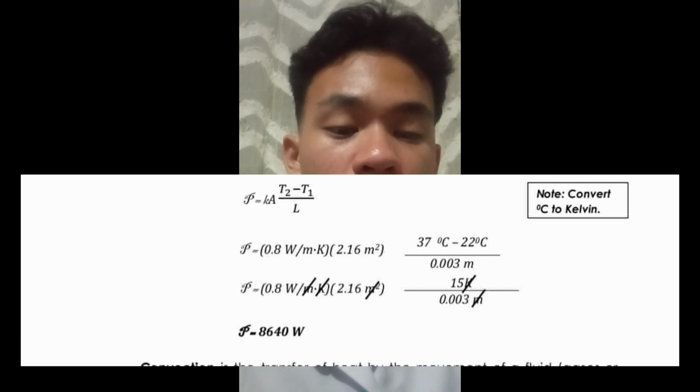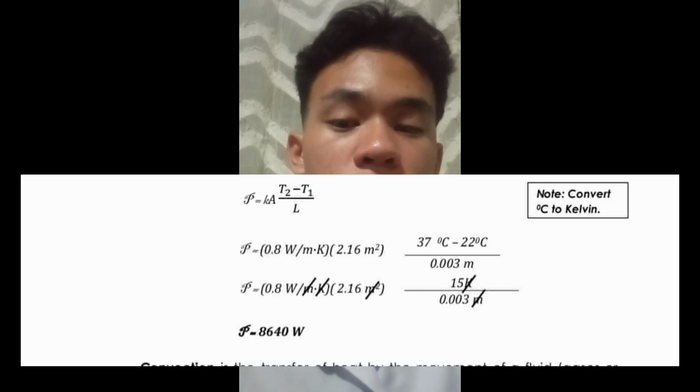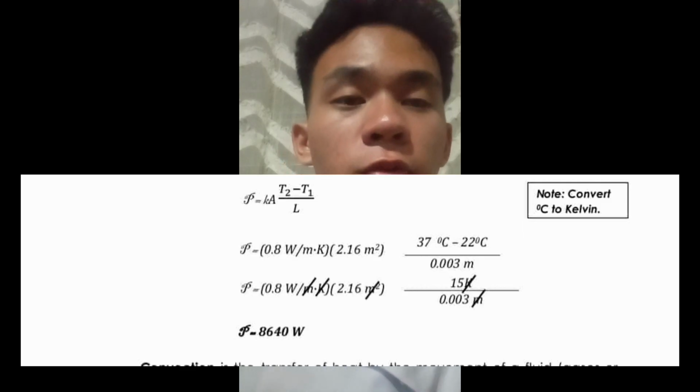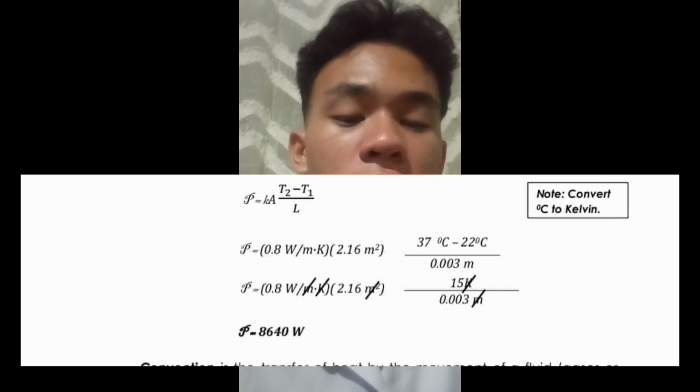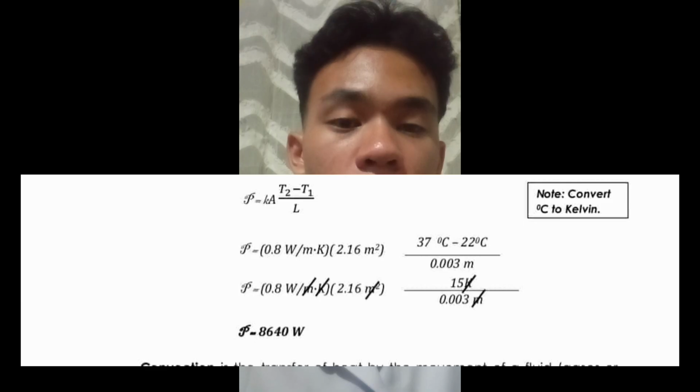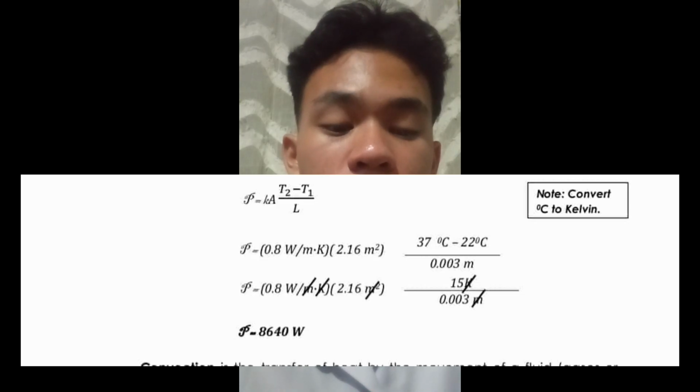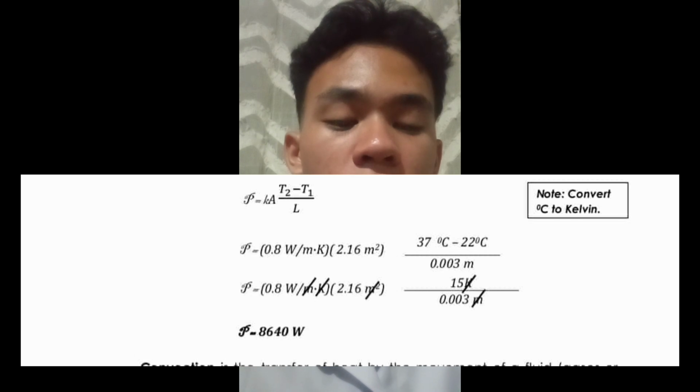So 37 degrees Celsius was converted to Kelvin, where the formula for conversion from Celsius is K equals 273 plus degrees Celsius. So 273 plus 37 degrees Celsius would be 310 K, minus 273 plus 22 degrees Celsius, which is equal to 295 K.